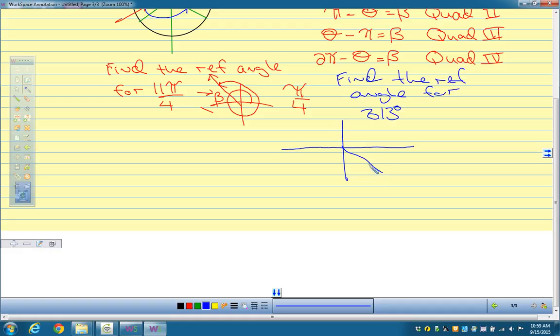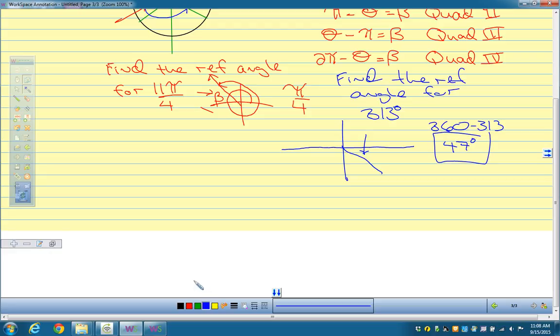So you're looking for this angle right here. What's that angle right there? Oh, it's 47 degrees. You just go 360 minus 313, and the reference angle is 47 degrees. Easy enough?